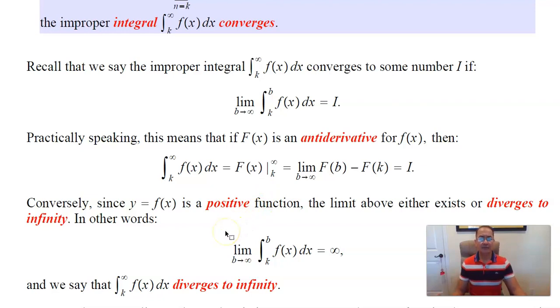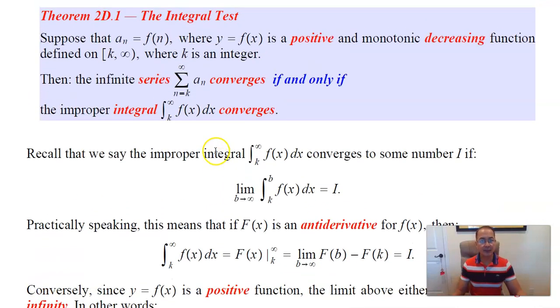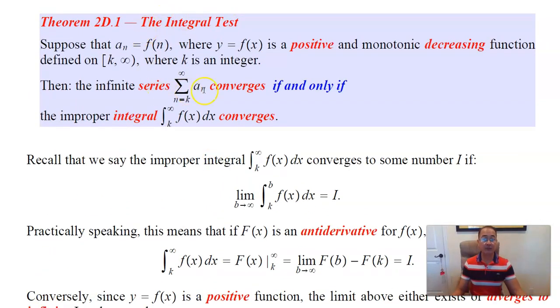So now, since our sequence is positive, let's make sure that we mention that as part of the conditions of our integral test. Our terms are positive, so the function where it comes from must also be positive. And furthermore, it should be a decreasing function from k to infinity. And that part is quite important.